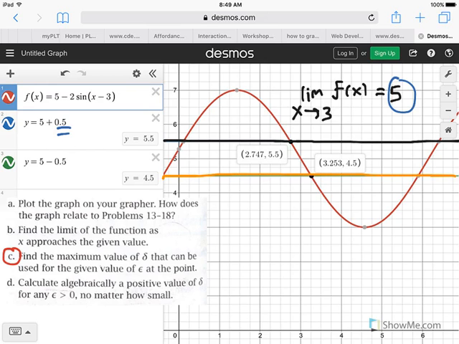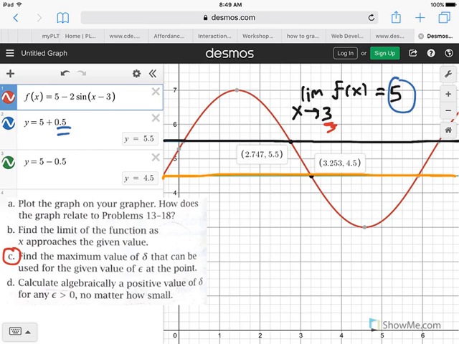So we're looking at this window for what the output values of the function can be. The output values of the function can be within a half unit of the limit. So the output values can be within 4.5 to 5.5. So now the question is, for that to happen, how close do the input values have to be to 3? That's the question.